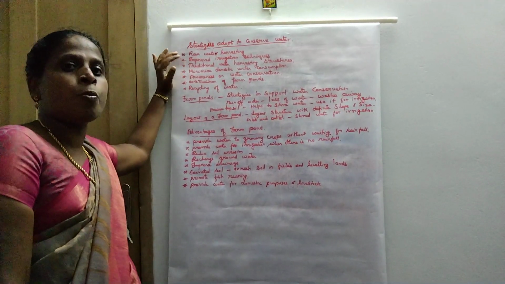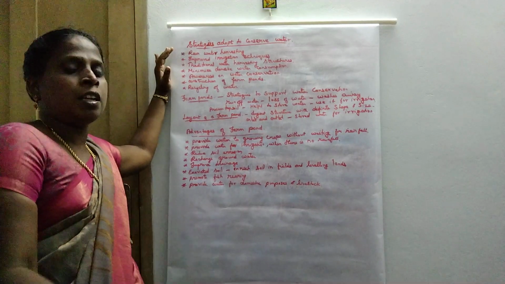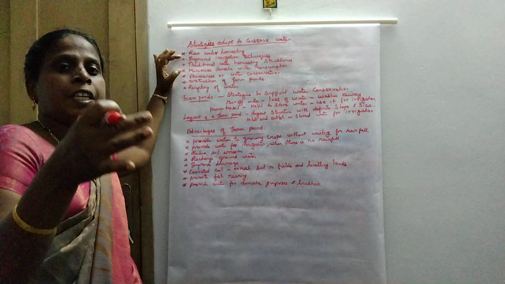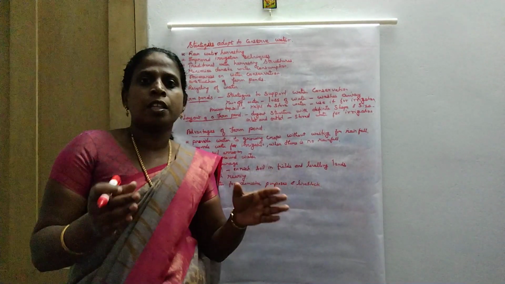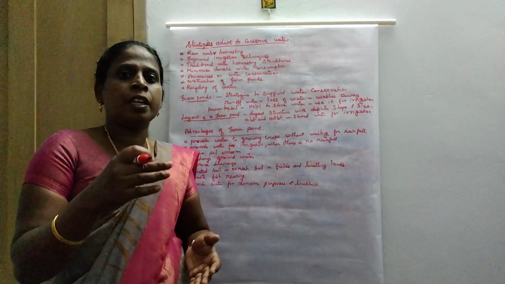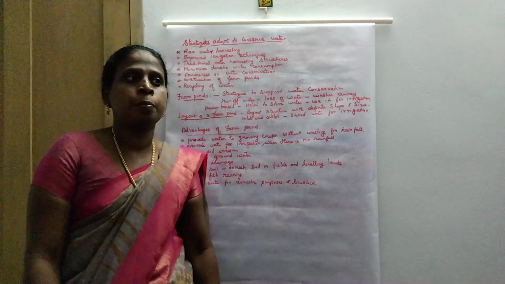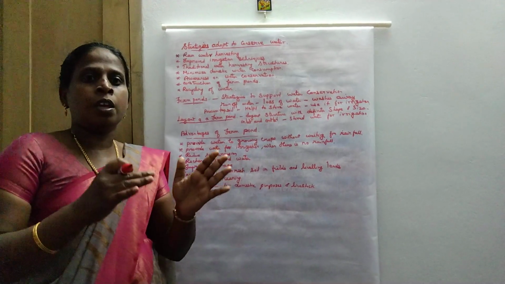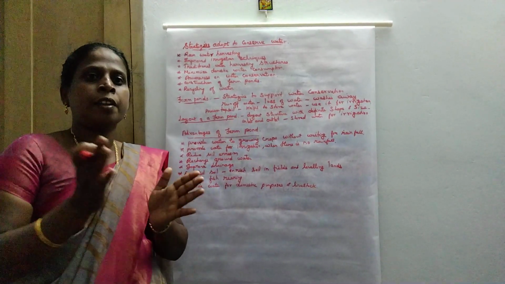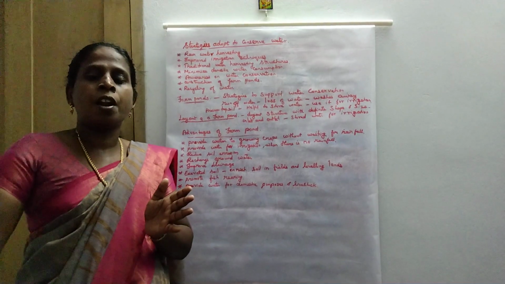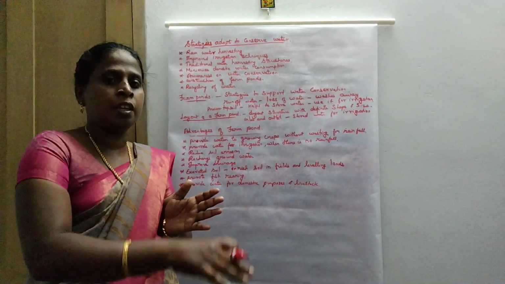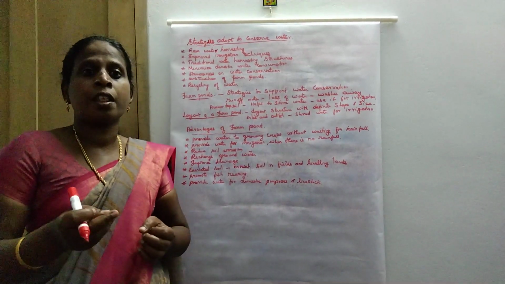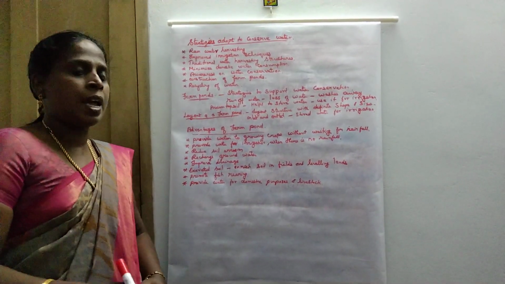Traditional means in the olden days, for conserving water, they were collecting the rainwater, the runoff water. For that, in the olden days people were digging out ponds everywhere, and during rainy season the runoff water was stored in the ponds, and later they could use it for all the domestic purposes as well as for the growth of the plants for cultivation.